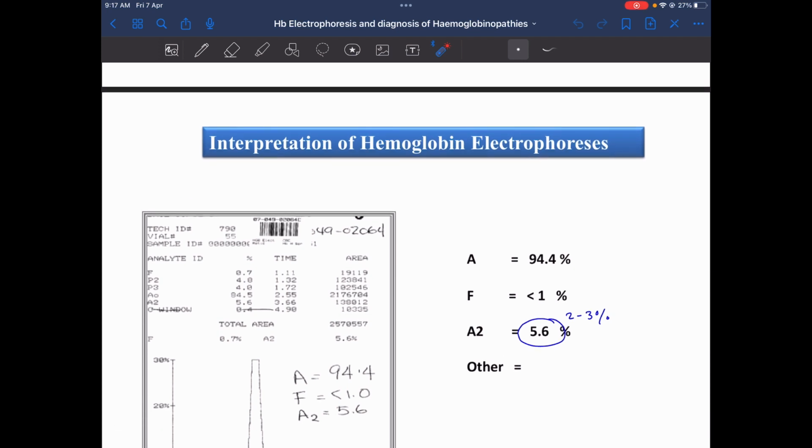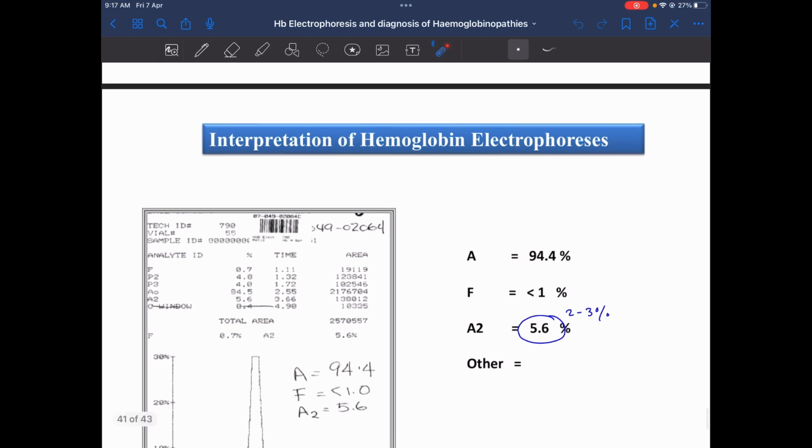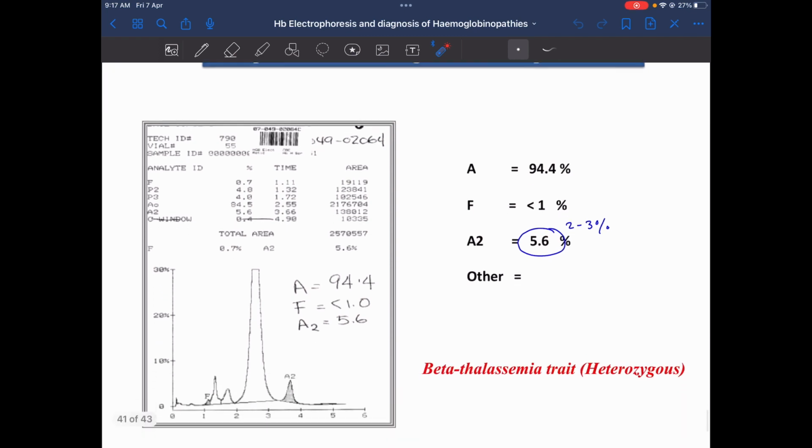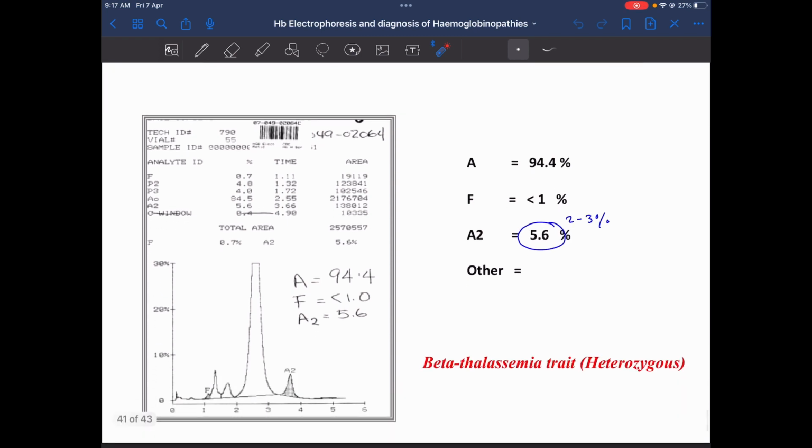Okay, so hemoglobin A is 94.4, which is what's normal. F is less than 1%, and A2 is 5.6%. We know the normal is 2 to 3%, so this is more than normal. And so this would most likely be beta thalassemia trait, beta thalassemia minor. Remember how we said that A2 and F are how you differentiate between major and minor?